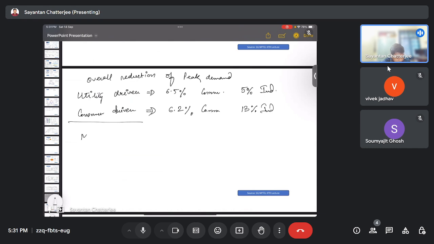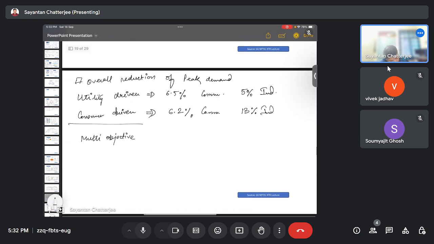And for multi objective, these are single objectives. For multi objective, it's around 10% and around 12%.